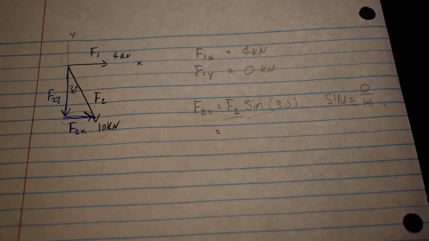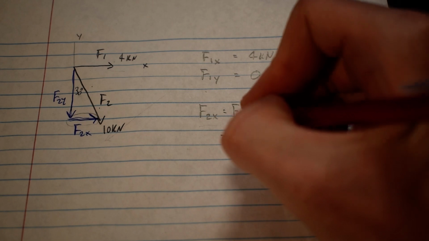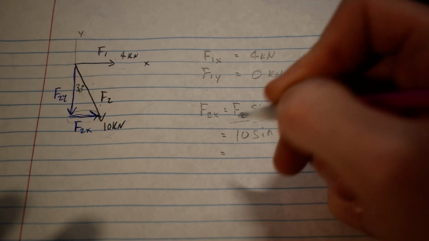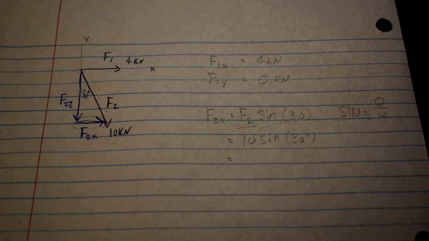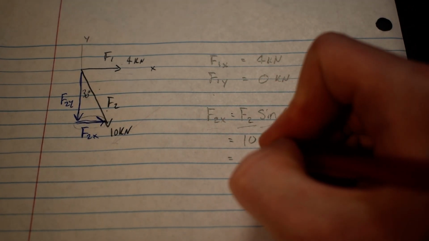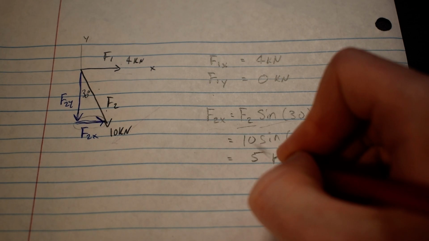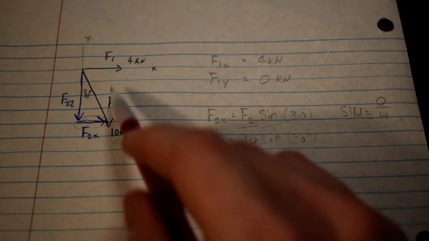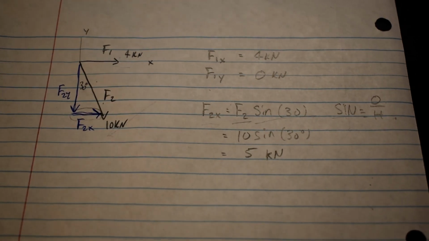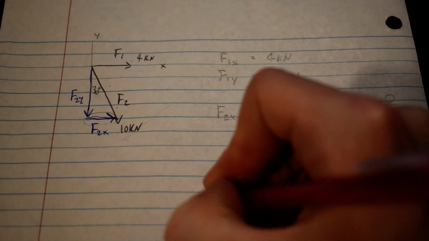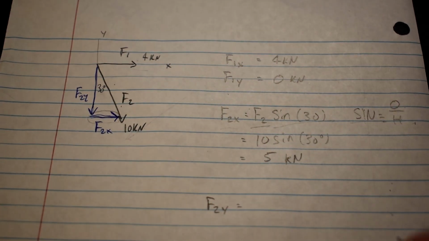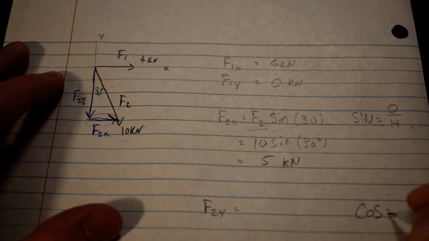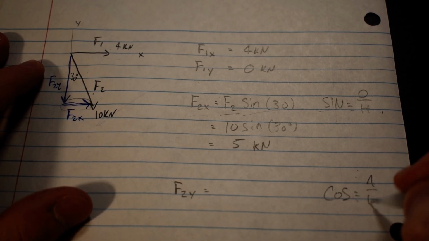That evaluates to, remember F2 is 10, so 10 sine of 30 degrees, which is exactly 5 kilonewtons. And that is positive, so it's facing in the positive x direction. Meanwhile, for F2 in the y direction, we're going to use cosine, because cosine is equal to the adjacent over the hypotenuse.